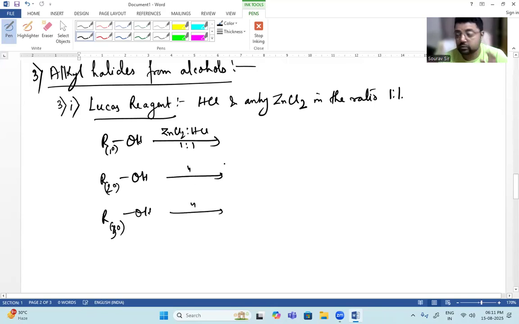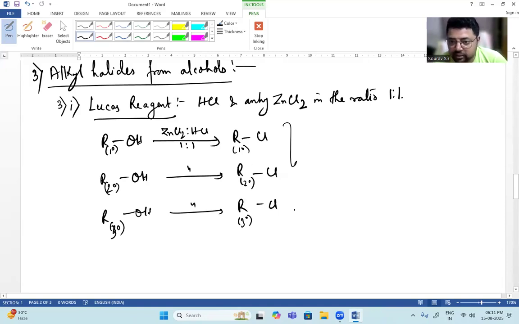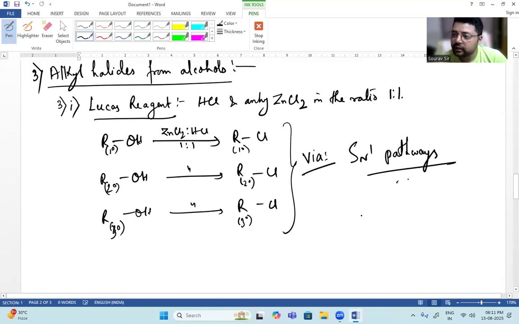So everywhere you will get RCl. But all these reactions proceed via SN1 pathway.